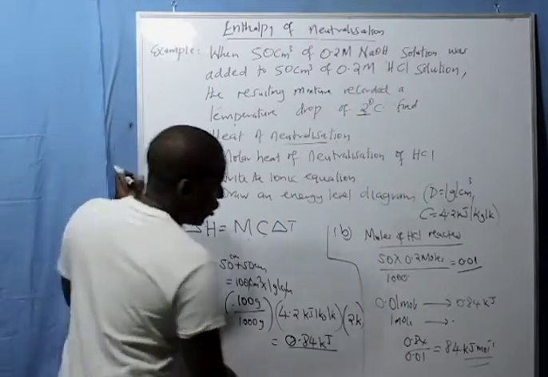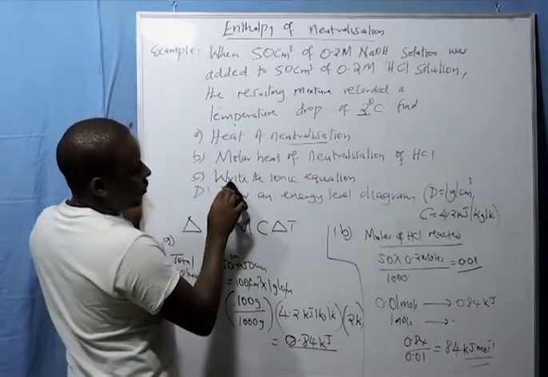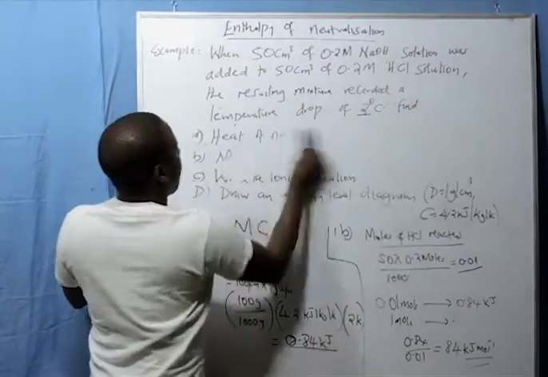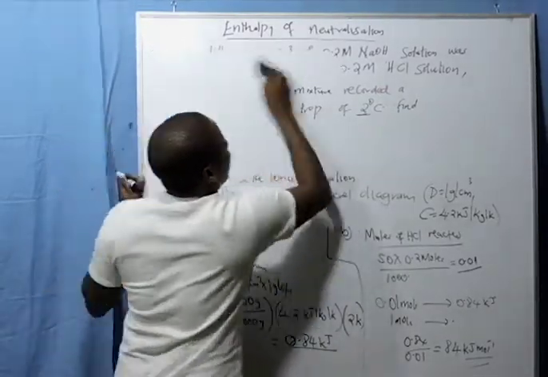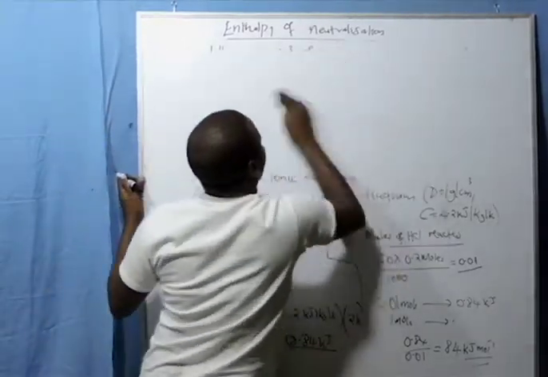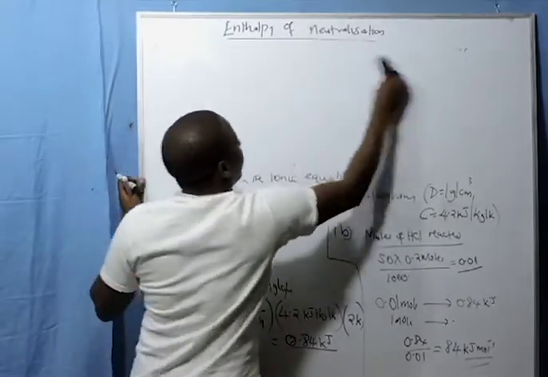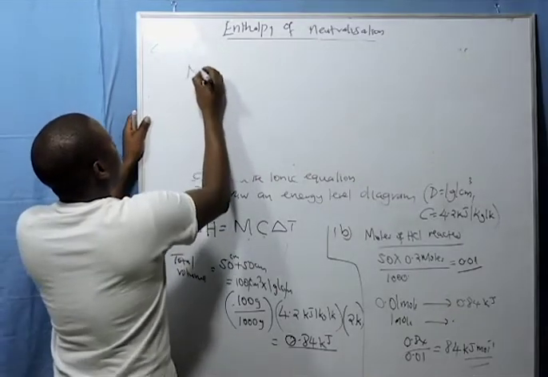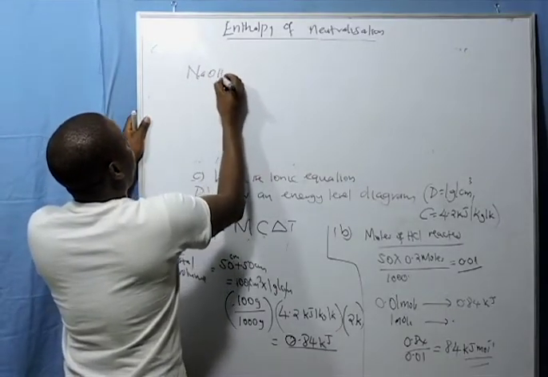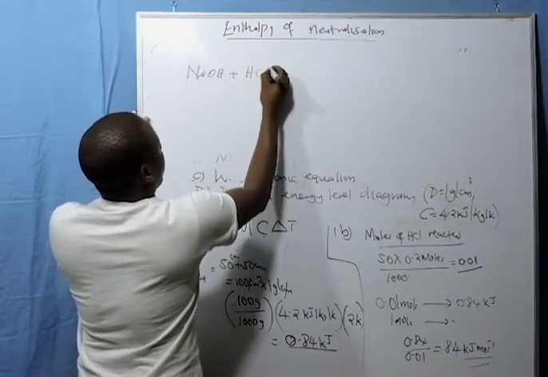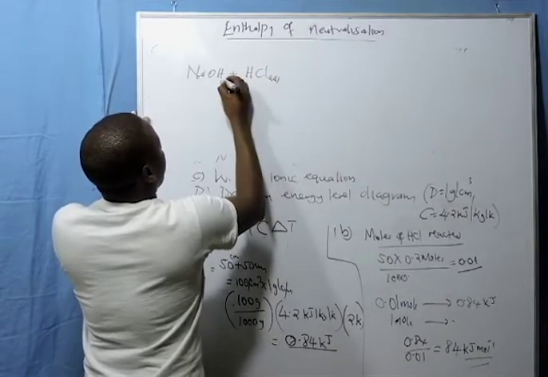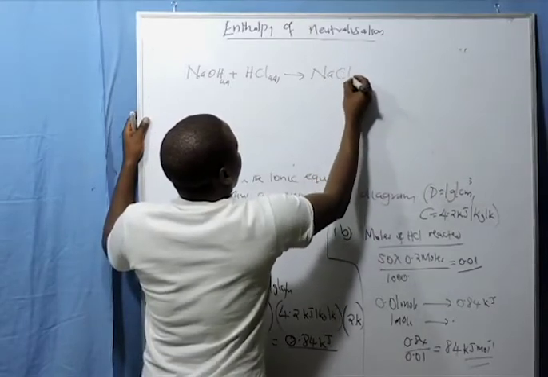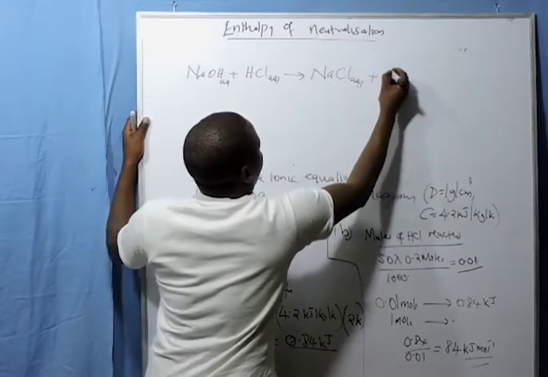The other thing you are asked is to write an equation for the reaction. The equation is ionic, so it should be sodium hydroxide plus hydrochloric acid, both aqueous, giving sodium chloride plus water.